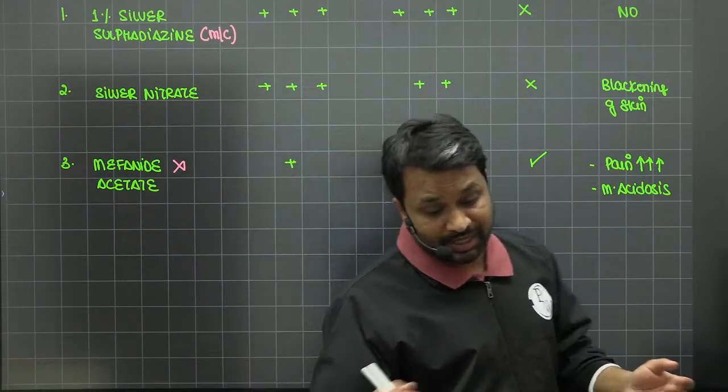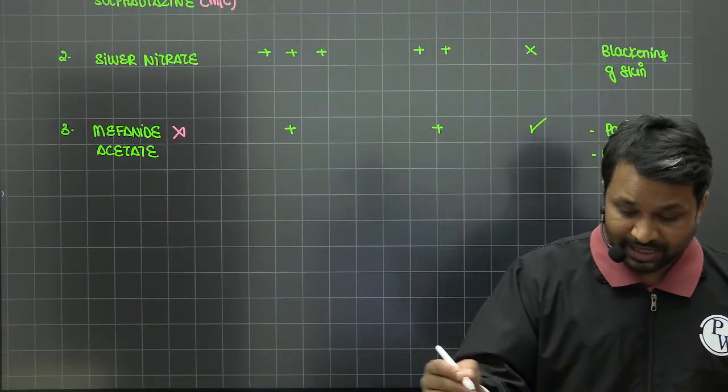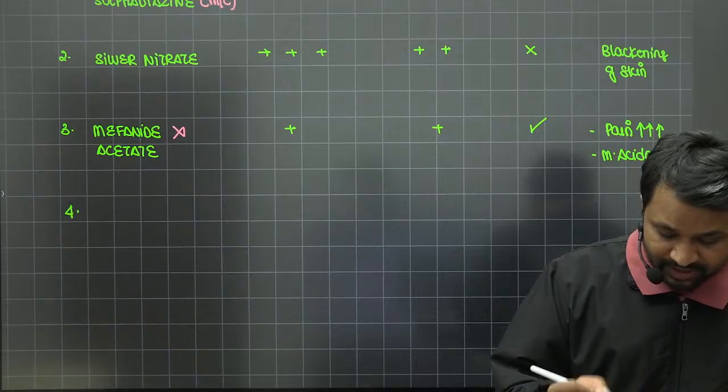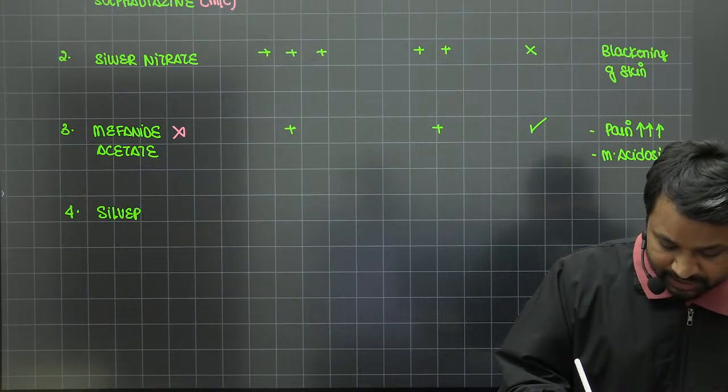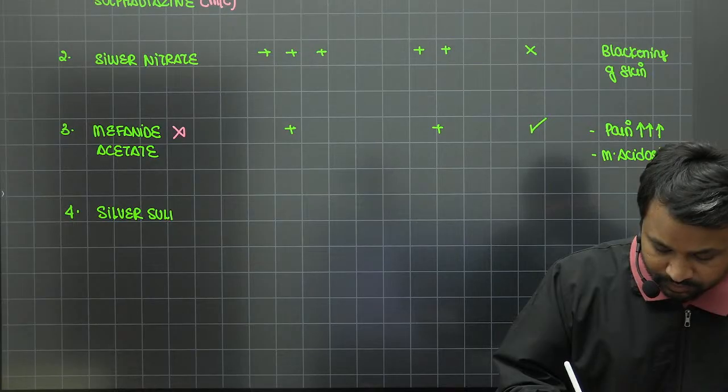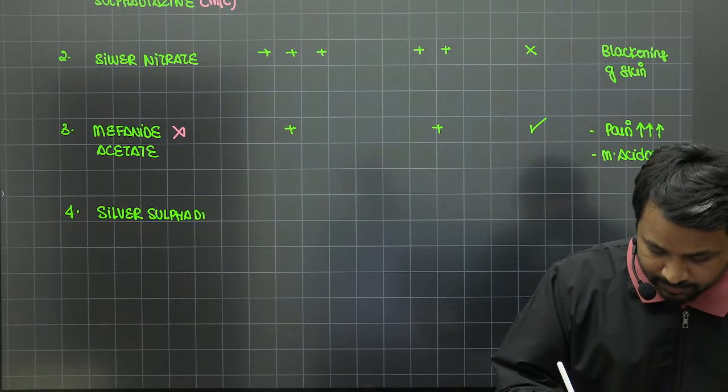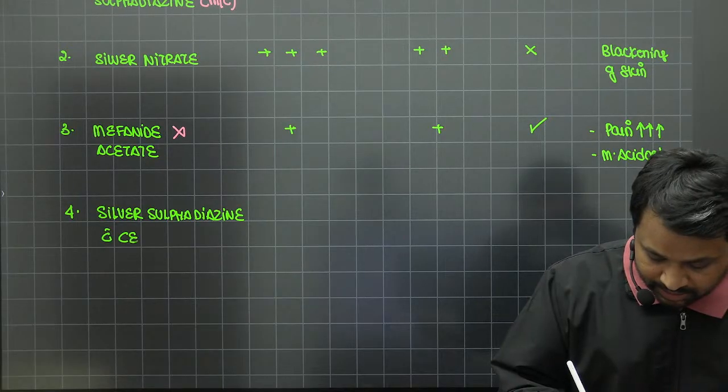So we had to come up with a newer agent which can have a combination of all that. So hence, we have the fourth one, that is silver sulfadiazine with cerium nitrate.